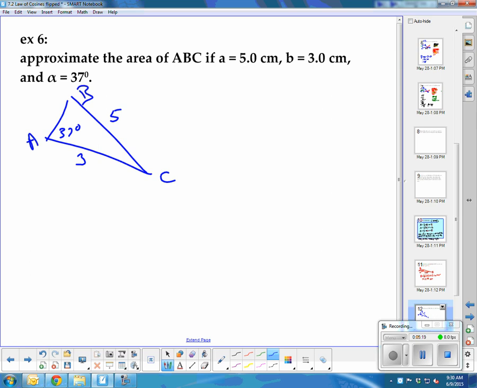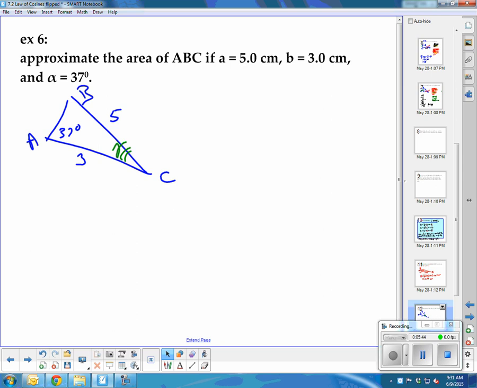Based on knowing two sides A and B, I would be most interested in figuring out the measure of angle C, that measure of gamma there. If I can figure out the measure of gamma, then I can go ahead and use the area triangle formula, side angle side situation.